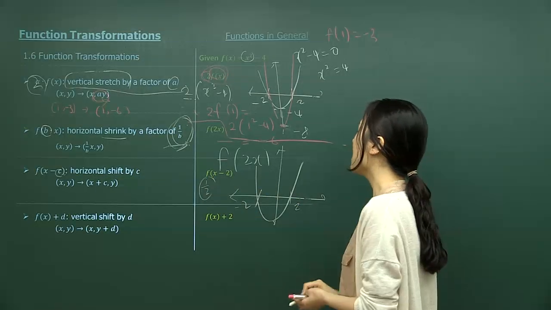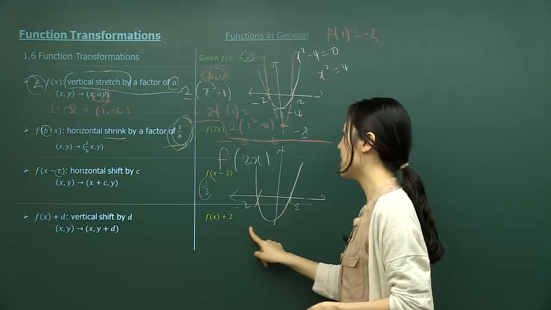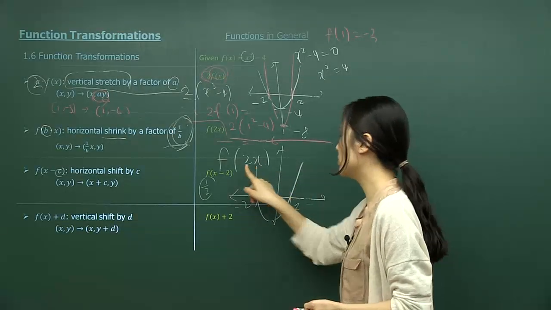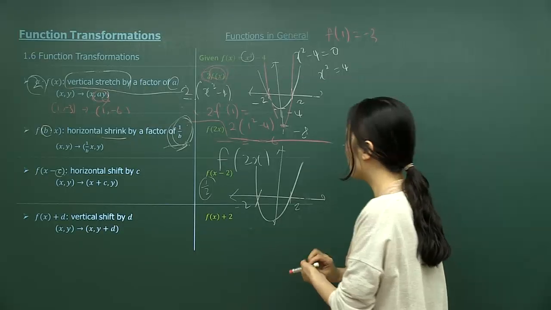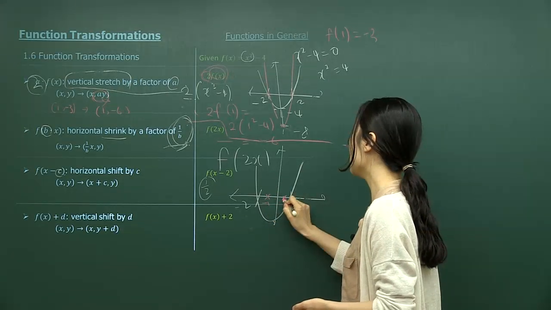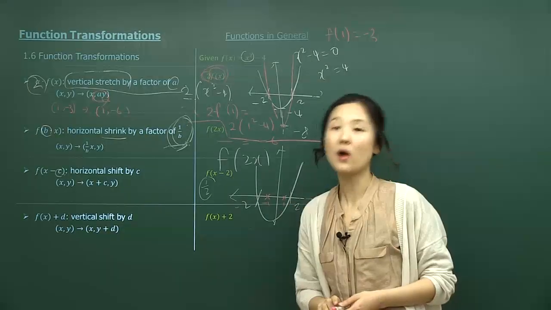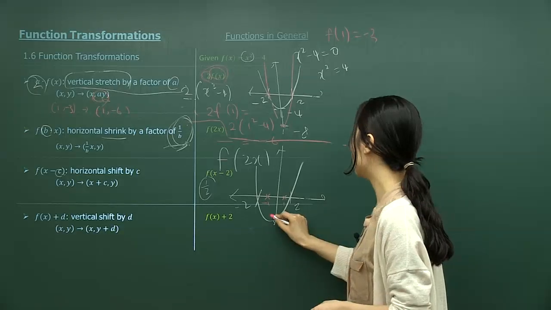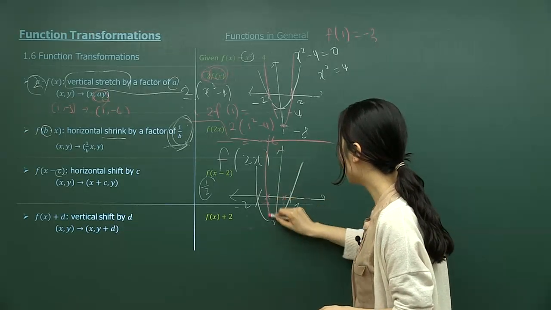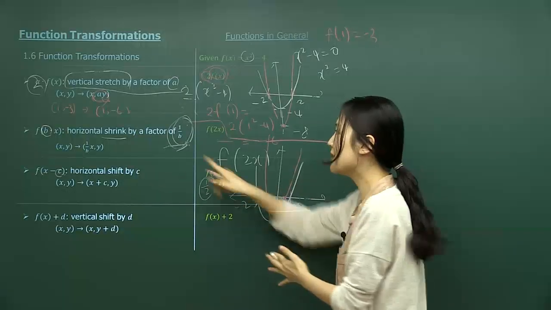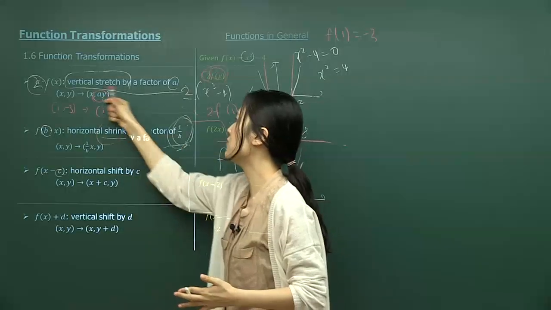So basically what happens is that your x values will be halved because there is a 2 in front of x. So your x-intercepts will be at negative 1 and at positive 1. What about your y? Nothing changes for your y. Your y will still be at negative 4. So as you can see, instead of being stretched, it got narrower.